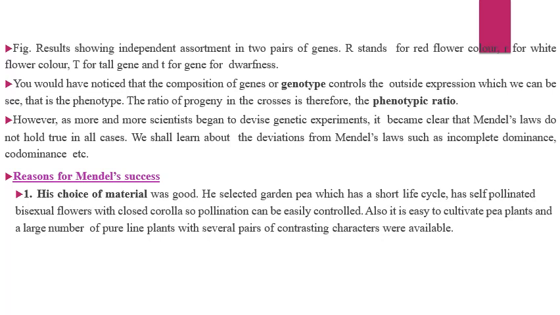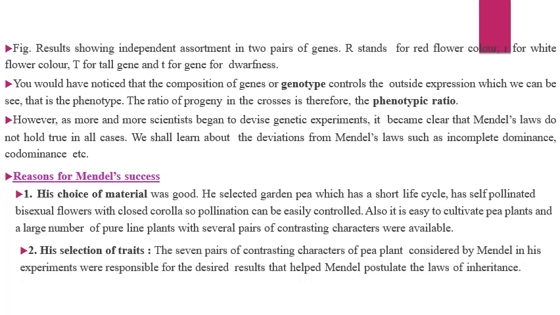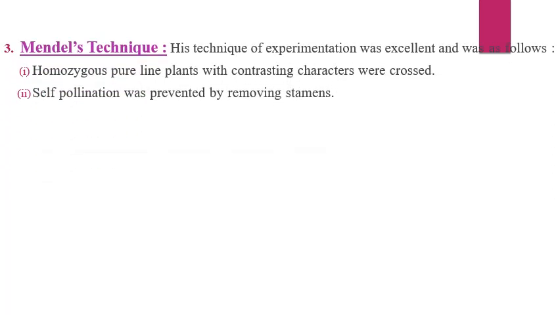Also, it is easy to cultivate pea plants, and a large number of pure line plants with several pairs of contrasting characters were available. His selection of traits: the 7 pairs of contrasting characters of pea plant considered by Mendel in his experiment were responsible for the desired results that helped Mendel postulate the laws of inheritance.